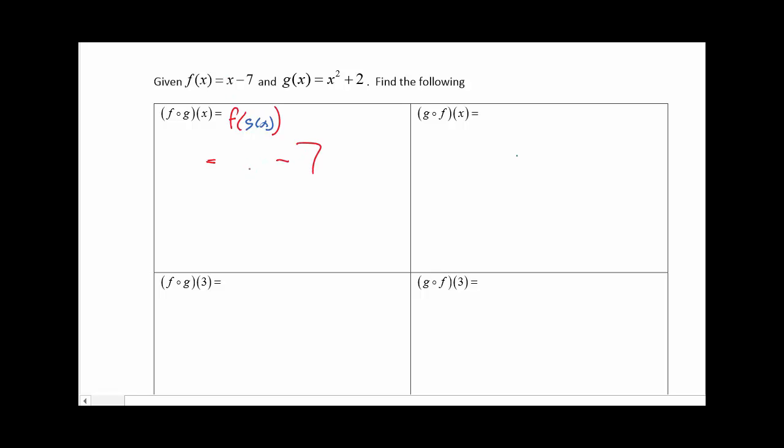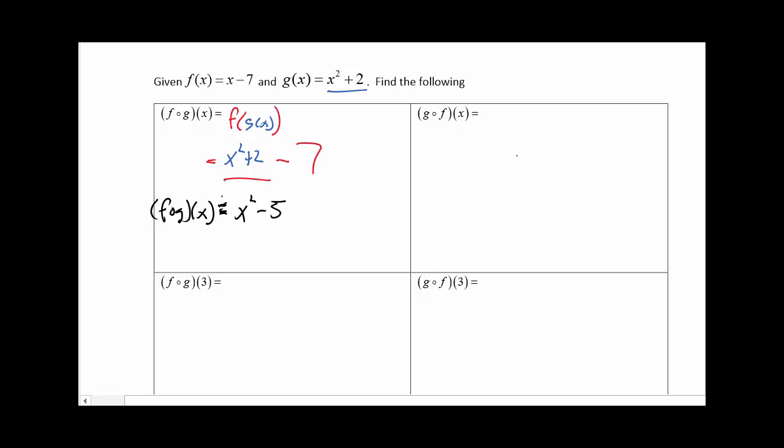So it's something minus 7. And this is where I'm going to put g, so that's x squared plus 2. Okay, and then about the only thing we can do at this point is simplify. So that would be x squared minus 5 for our end result.